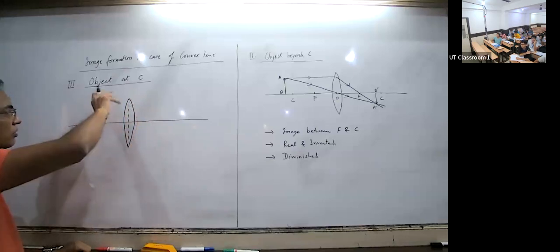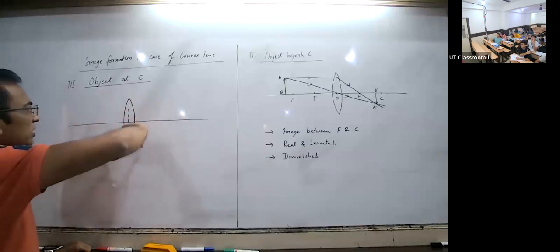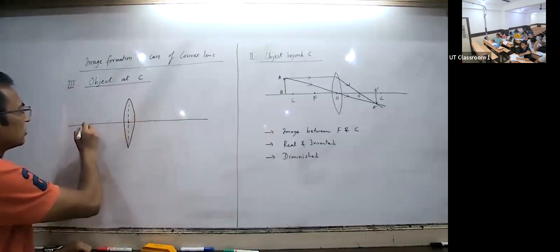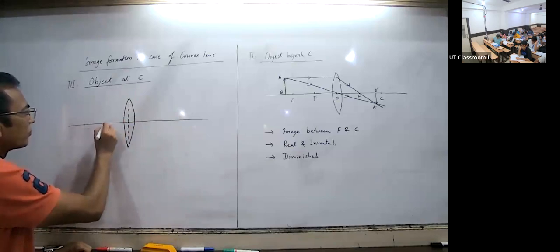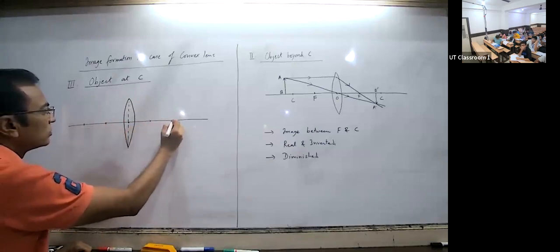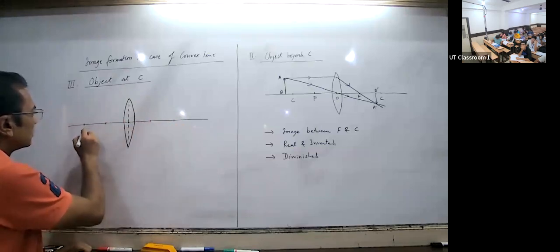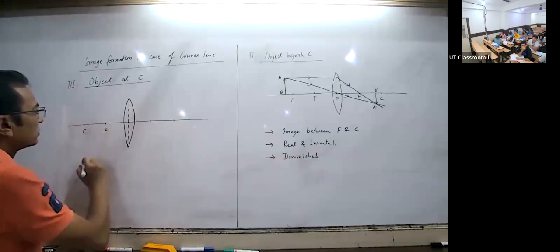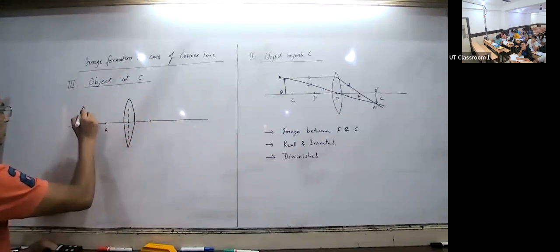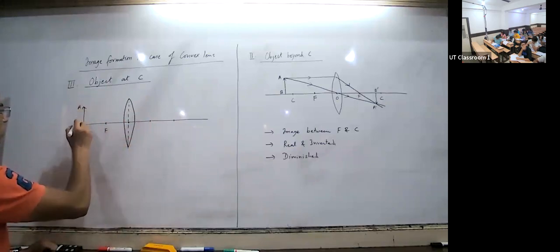So once you draw from here, now keep it on the other side and draw again that way. So you have C. All those techniques I have already explained to you. C, F. So then you keep the object here. A, B.